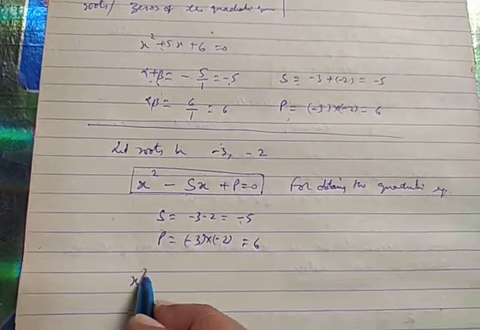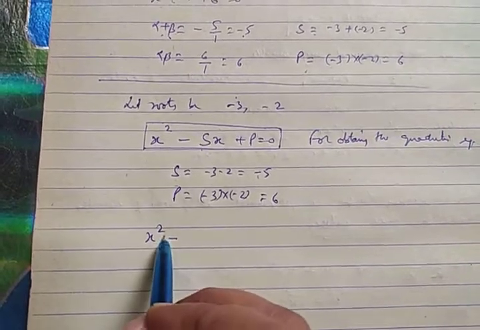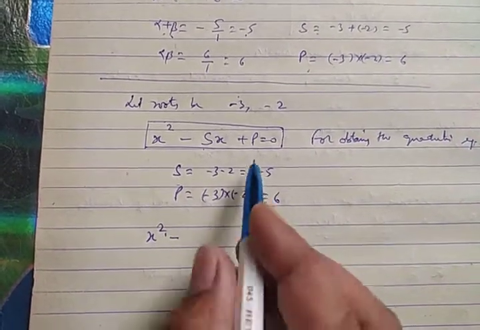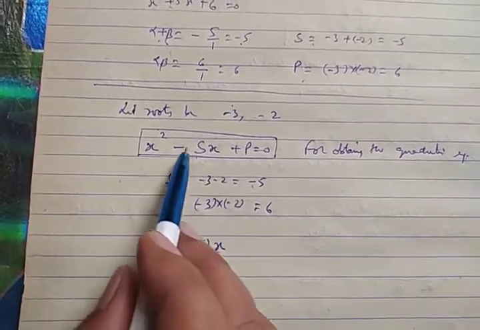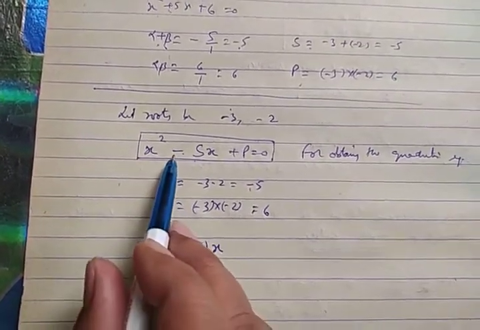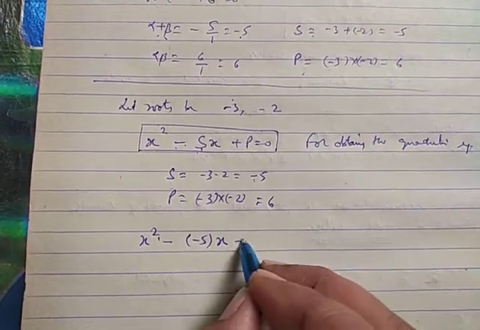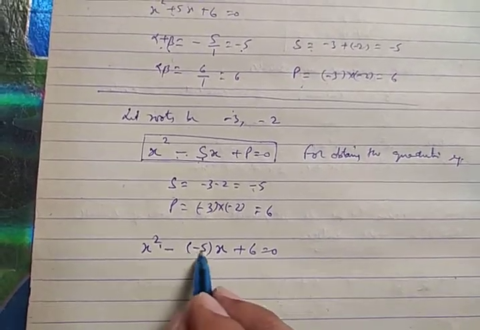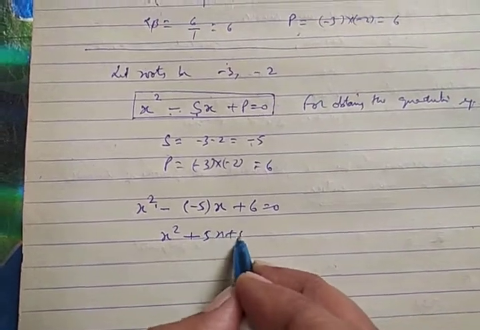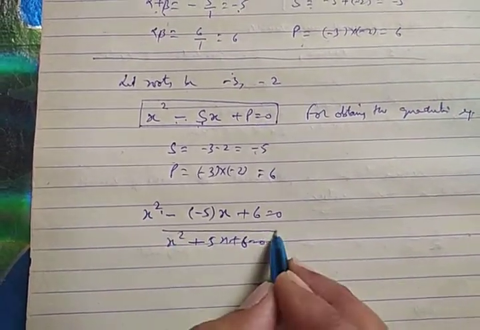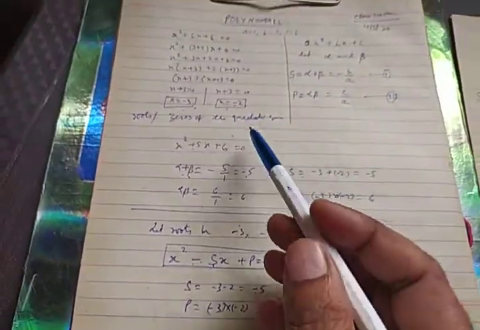Then the equation would be x square minus, this minus is in the formula, and then the value minus 5 itself is negative, so you will substitute within brackets minus 5. Keep in mind this point: this minus is in the formula, and whatever the value of S is, whether positive or negative, that will be substituted. Plus 6 is equal to 0. By multiplying, this will become x square plus 5x plus 6 is equal to 0. You are getting the same equation as I have taken in the example.